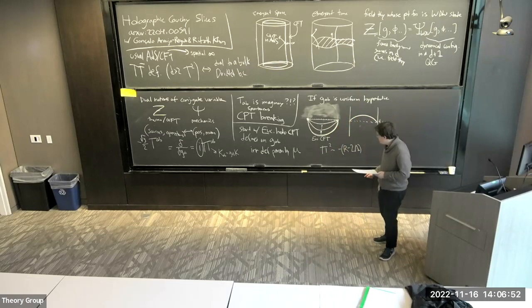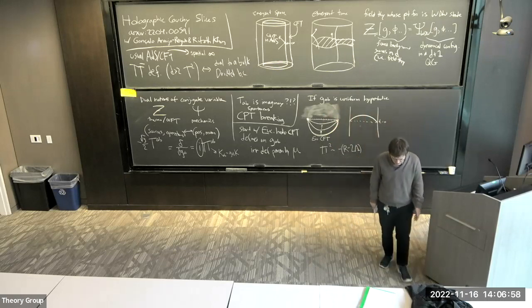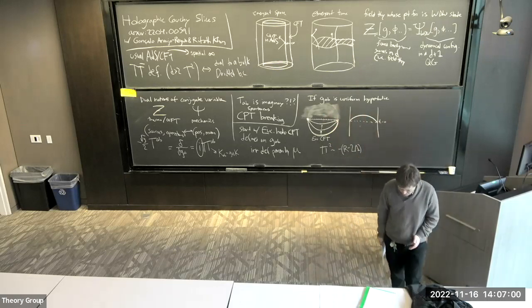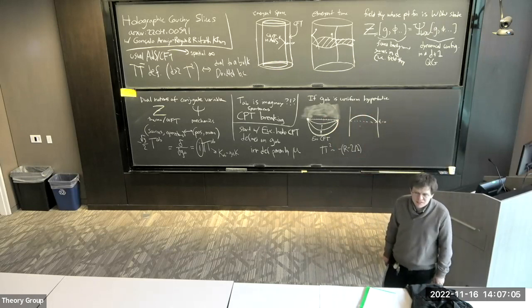So the statement is that if you're considering the slice where it's more positively curved than the AdS curvature, then you end up with Euclidean signature. But if it's more negatively curved, you end up in Lorentzian signature.